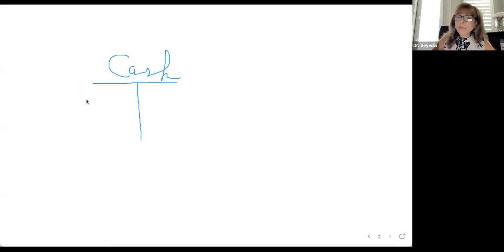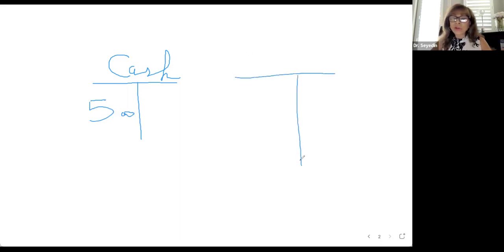So we put debits or increases on this side by putting the $500 here. And then on the other side of the accounting equation, which we learned, we're going to open an account and call it owner's capital.